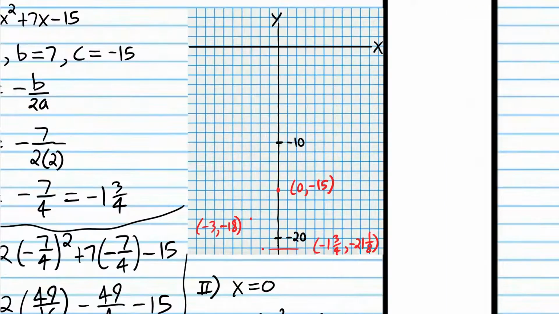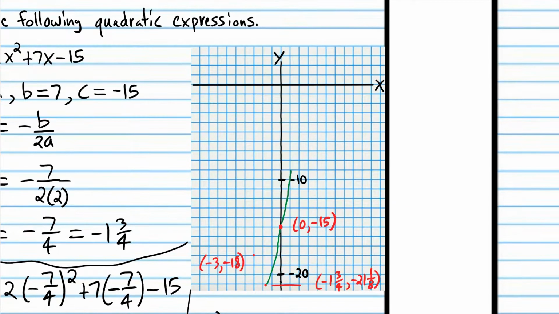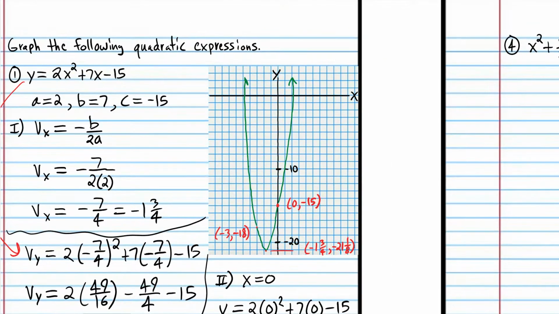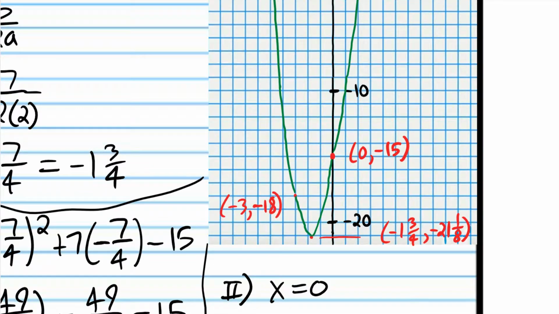And so we can just connect the dots. And, you know, we should probably graph more points just to make sure that our parabola is accurate, but I'm not going to make you do that because it's already enough work, graphing 3 points. So there you go. Again, the only difference with that problem is that the numbers were more difficult to deal with.